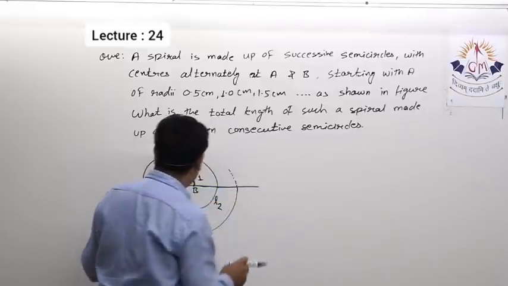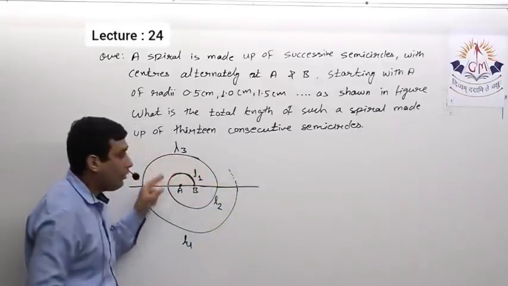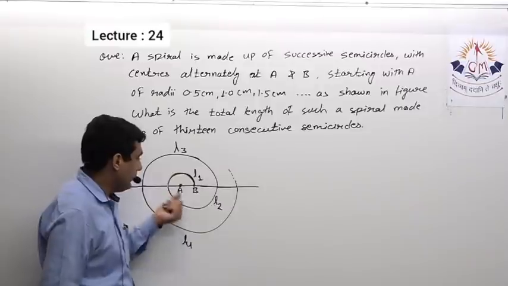The sum of these semicircles is actually the sum of L1 plus L2 plus L3.